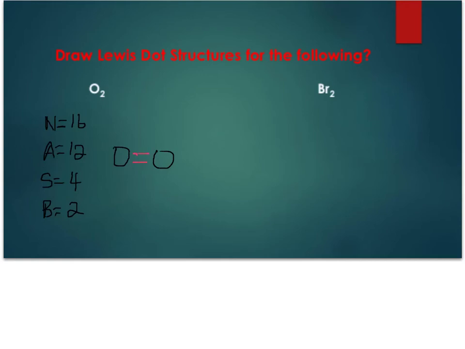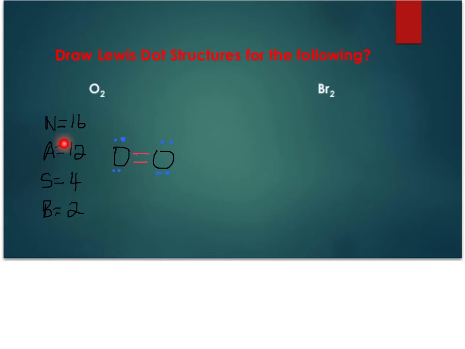Each oxygen has 4 electrons, but it needs 8. So that means we need to add 4 more electrons or 2 more lone pairs. So add 2 lone pairs here. 2 lone pairs here. So that gives us 2, 4, 6, 8 for each oxygen, or in total 2, 4, 6, 8, 10, 12. We had 12 available, so that's taken care of.